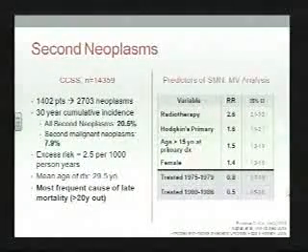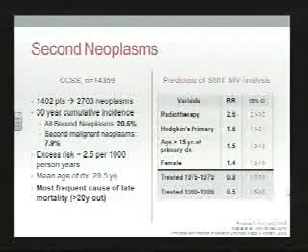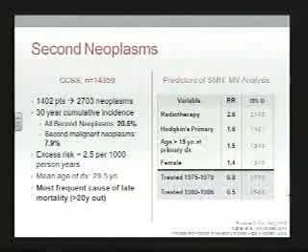So what are the variables associated with these? In the multivariate analysis, and as will be a common theme throughout my talk, radiotherapy is not good. This was associated with a 2.6 relative risk for developing a secondary malignant neoplasm. Hodgkin's therapy also is notorious for being associated with secondary cancers.